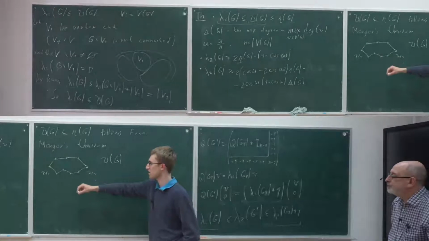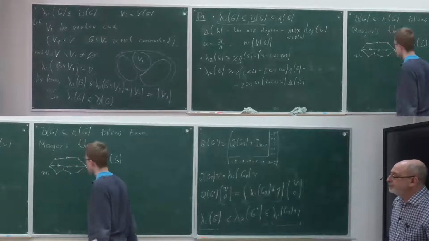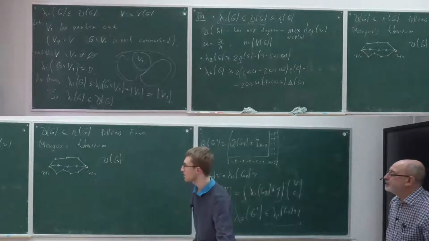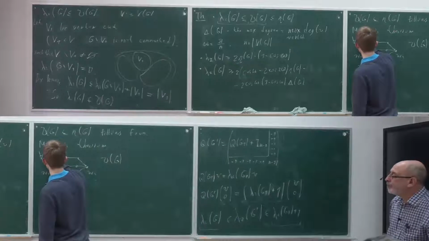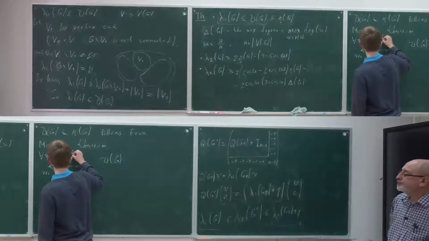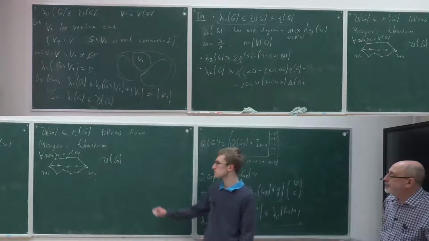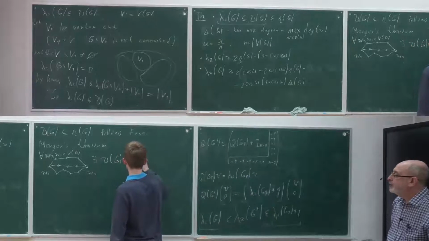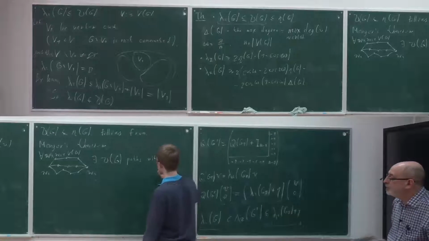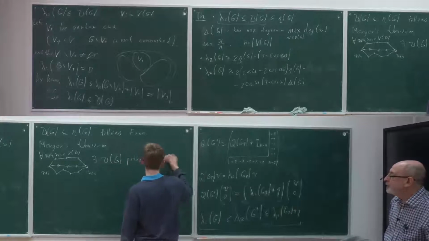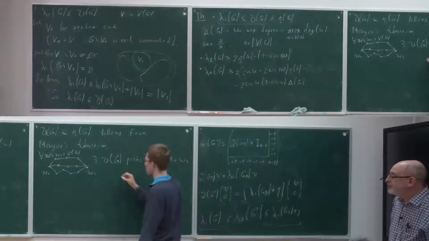except the first vertex and the last vertex. So for any pair of distinct vertices, there exist nu of G paths W1 and W2 and so on, that do not have intermediate coinciding vertices.